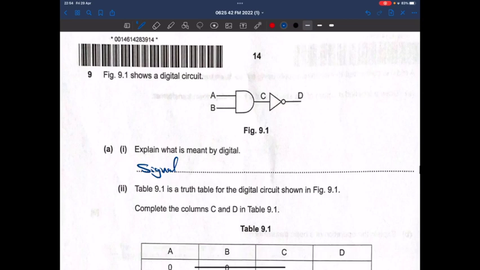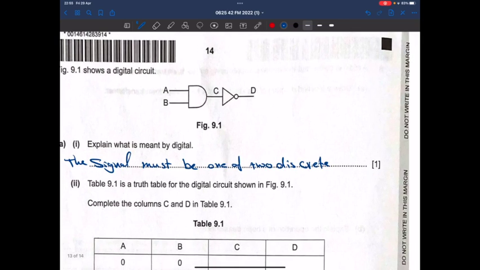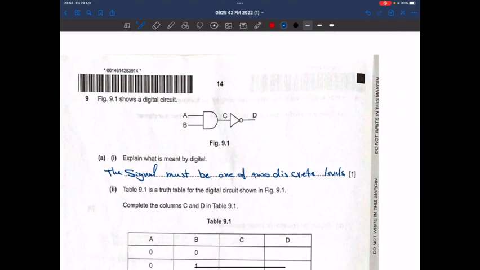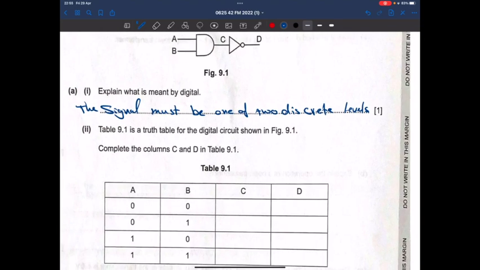We can write: the signal must be one of two discrete levels. As I told you, it could be on or off, 1 or 0, high or low. This is what's meant by digital.